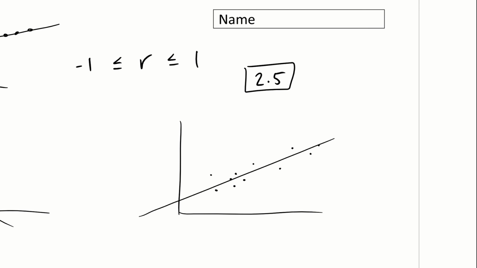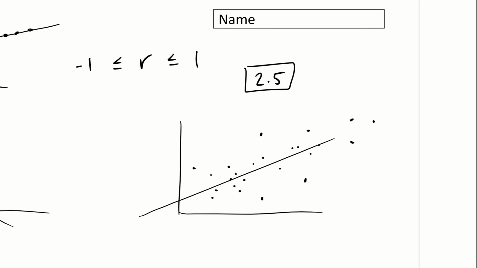Rough estimate. As I've got more and more data that's further and further away from the line of fit, I probably still have almost the same relationship, but because more of my points are further away from the line, the correlation coefficient is going to decrease in this setting.